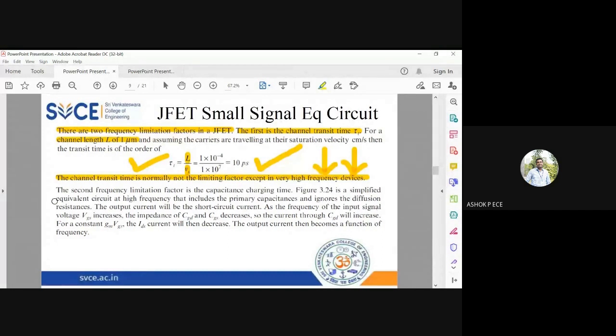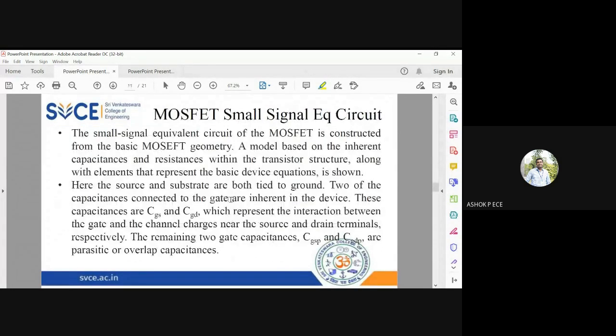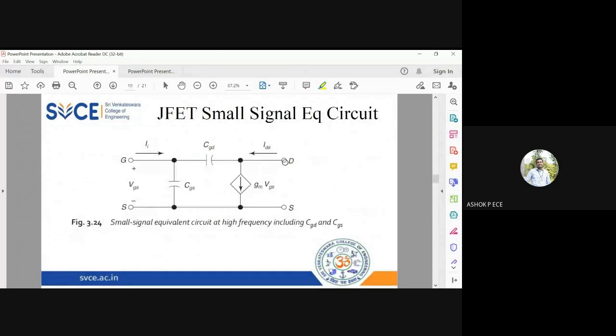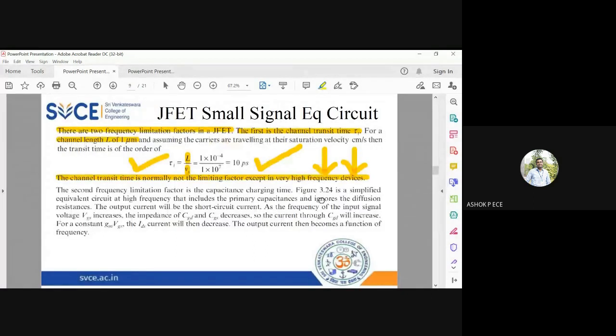See, this is the final simplified equivalent circuit involving CGD and CGS, and only these two are active at low frequencies. The effect is a little bit significant at low frequency, CGD and CGS. So whenever you have a capacitance, the charging time of the capacitance will also determine how fast your circuit is.